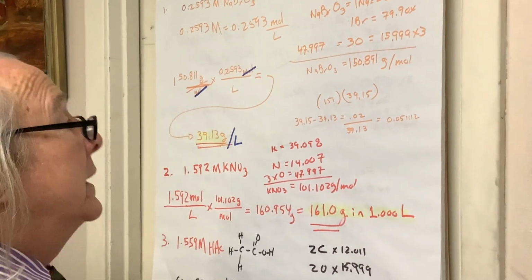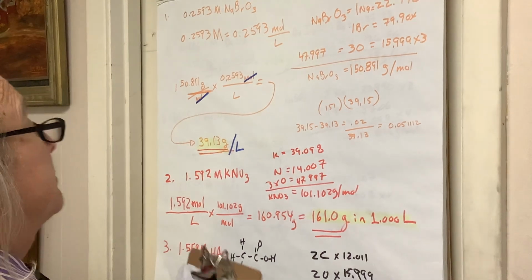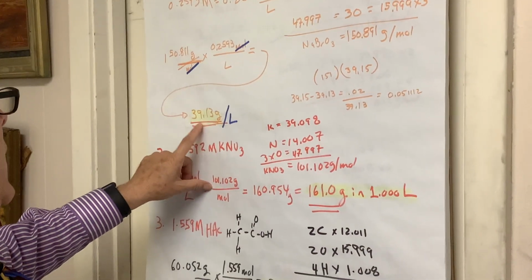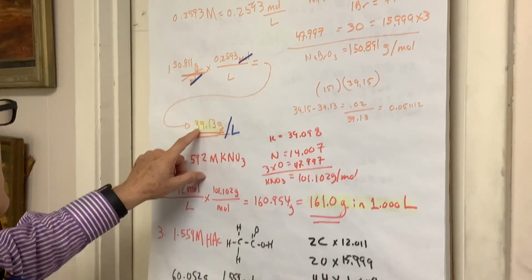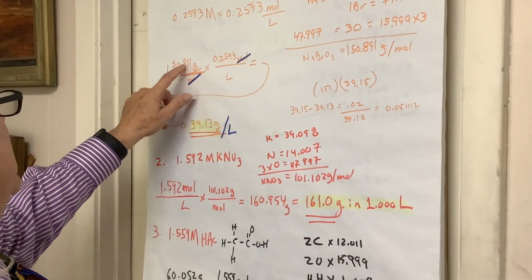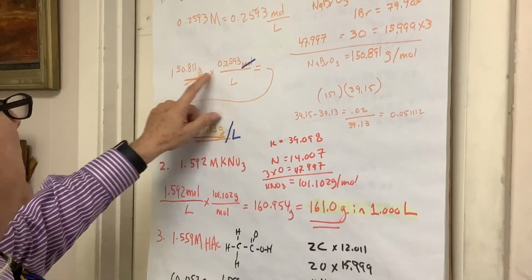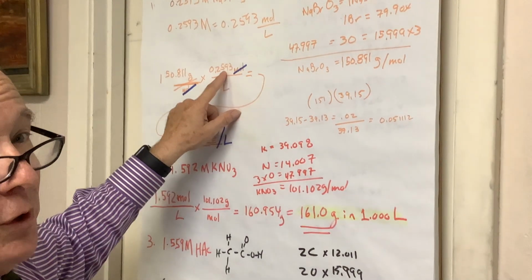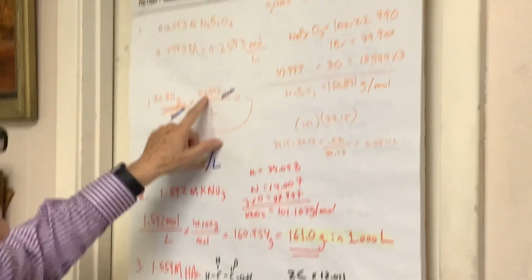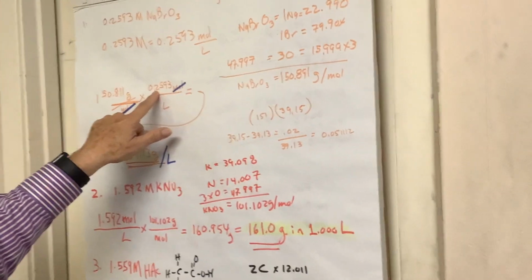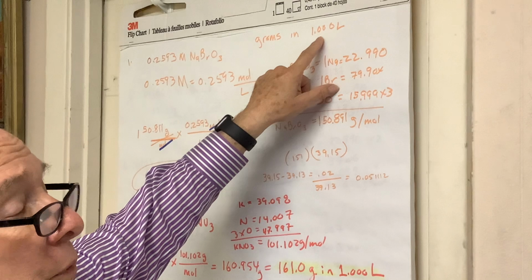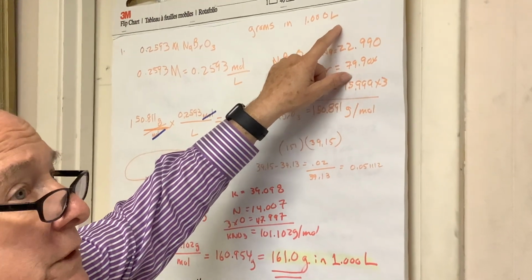Okay, I did this with 4 significant figures, because even though I have 1, 2, 3, 4, 5, 6 in my molar mass, I can't go to any greater accuracy than I already have with my concentration, 0.2593 moles per liter, or my volume, 1.000 liters.